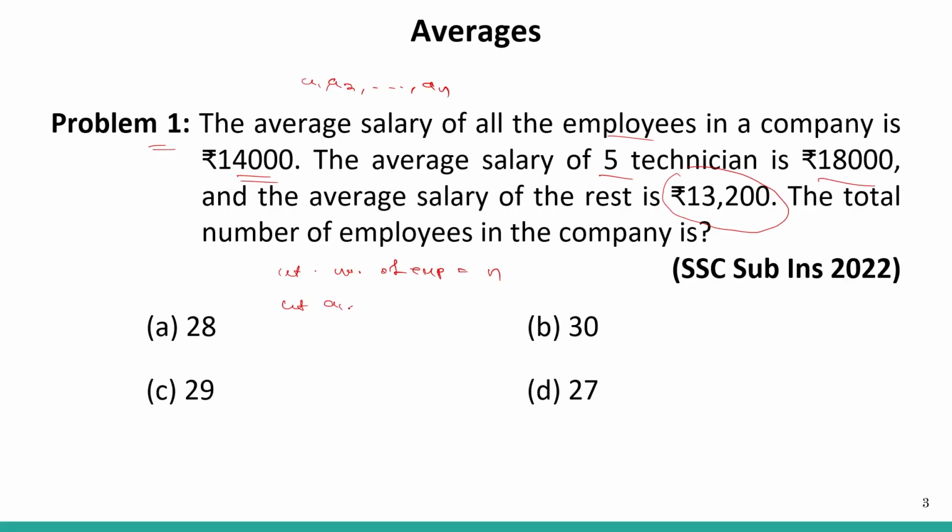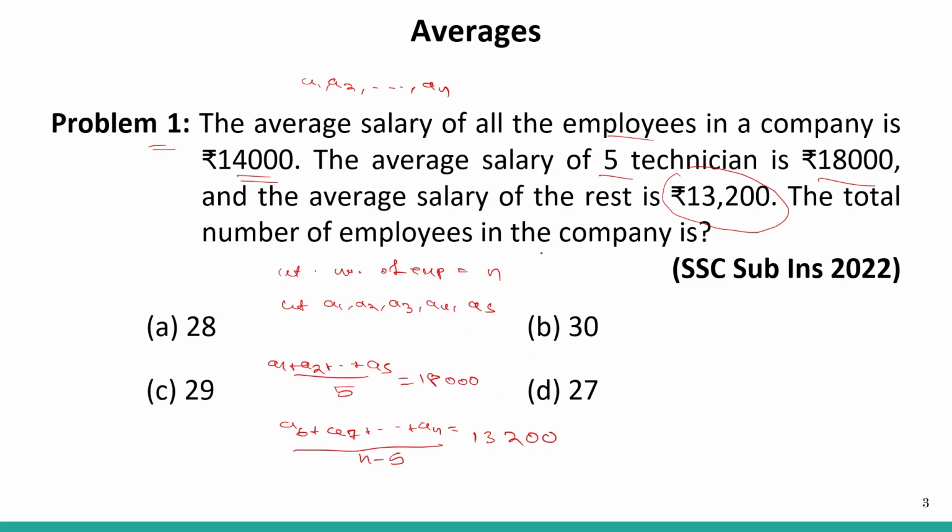Let A1, A2, A3, A4 and A5 be those 5 technicians, their salaries represented respectively. So their average salary will be A1 plus A2 plus up to A5, whole by 5, which is given as 18,000. And A6 plus A7 plus up to AN, whole by n minus 5, is 13,200. This is given to us.